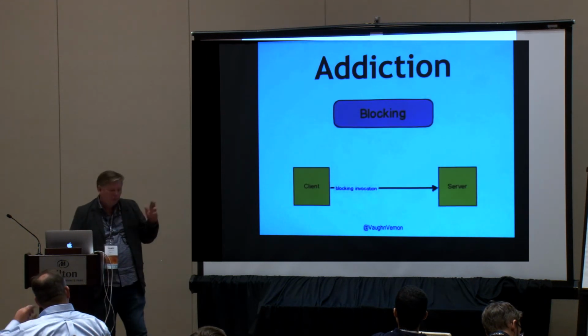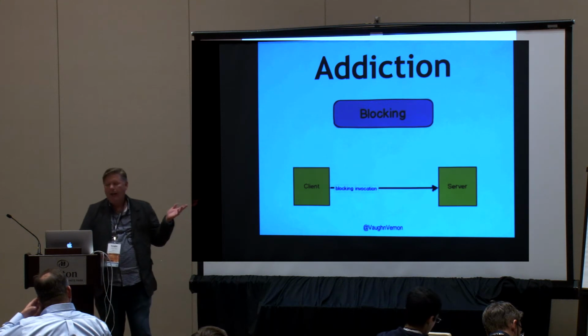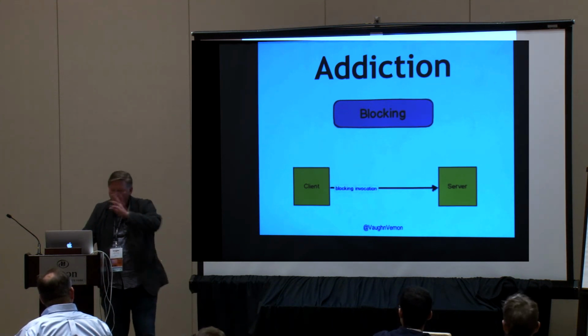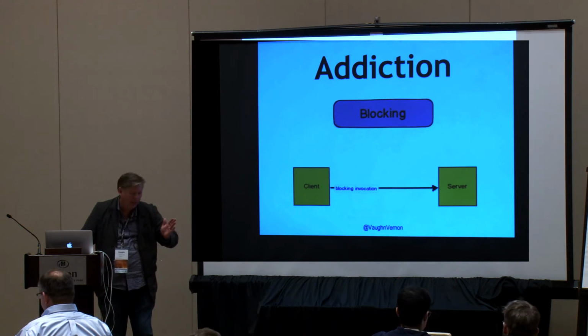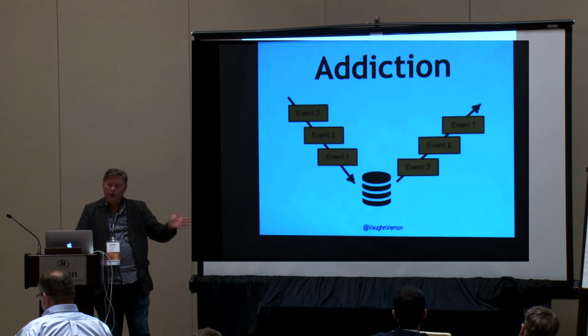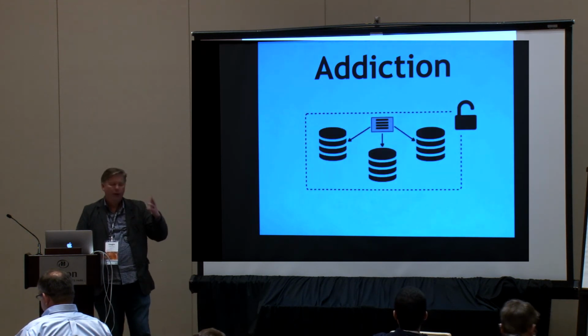So, again, we want blocking. We want to think, okay, the world stops here until that other thing happens, and then I get some idea of what happened, right? And we have this addiction of order, pure order. And we have this addiction of ACID transactions. Okay, I need to change 3 different databases.